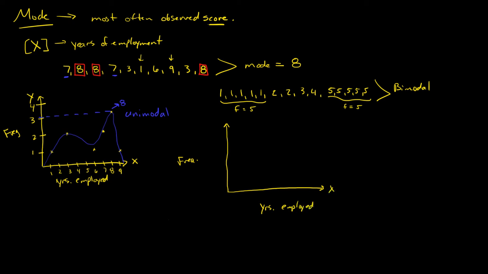I've got frequency of 5, 2, 3, 4, 5, 1, 2, 3, 4, 5. And years employed is ranging from, in this case, 1 to 5 as well. 1, 2, 3, 4, 5.